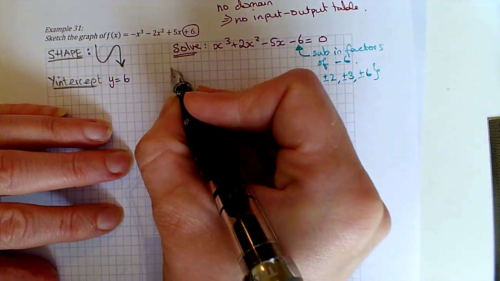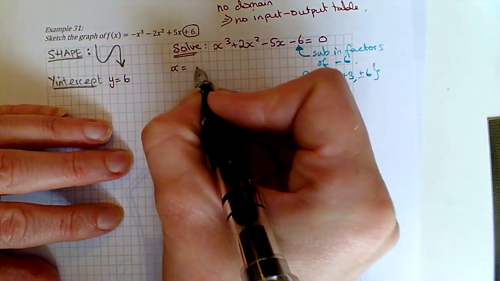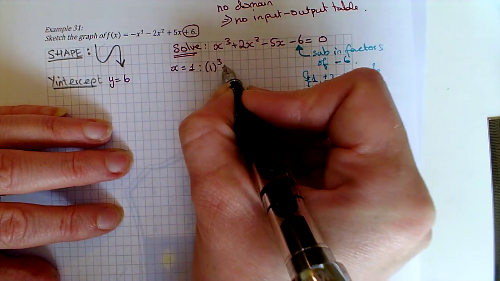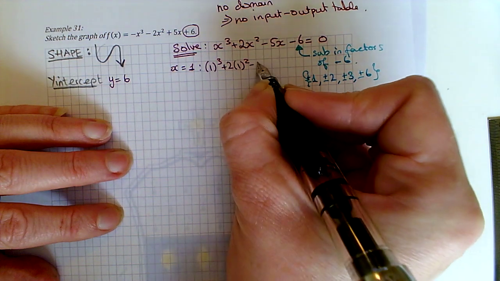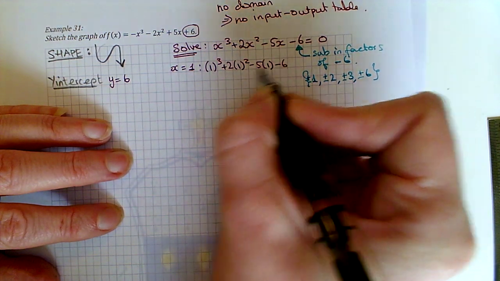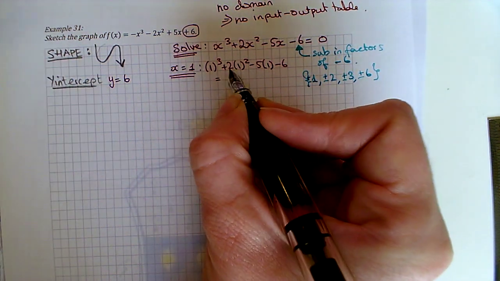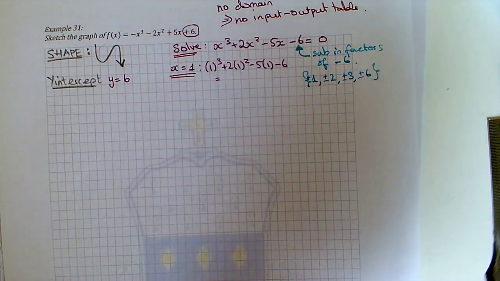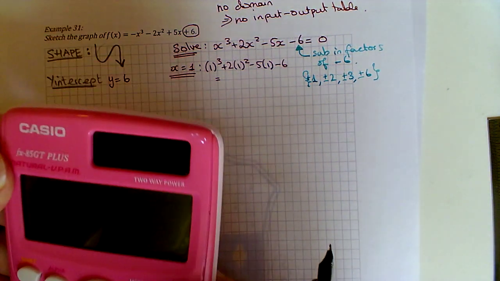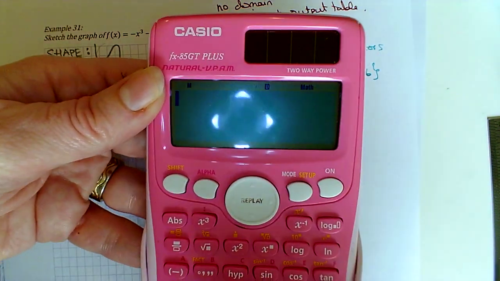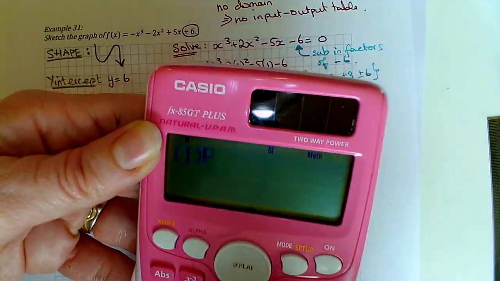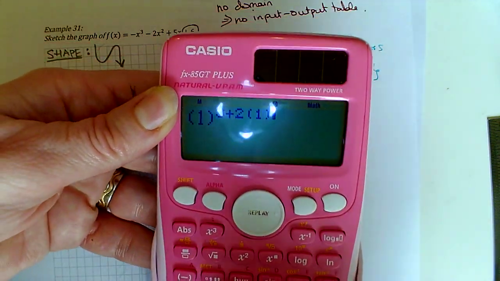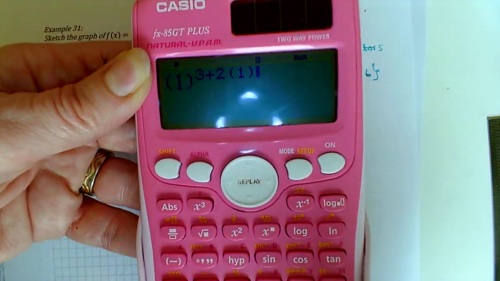So when x is equal to 1, we get 1 cubed plus 2 by 1 squared minus 5 by 1 minus 6. Which is, let me just put it into my calculator, 1 cubed plus 2 by 1 minus 5 by 1.